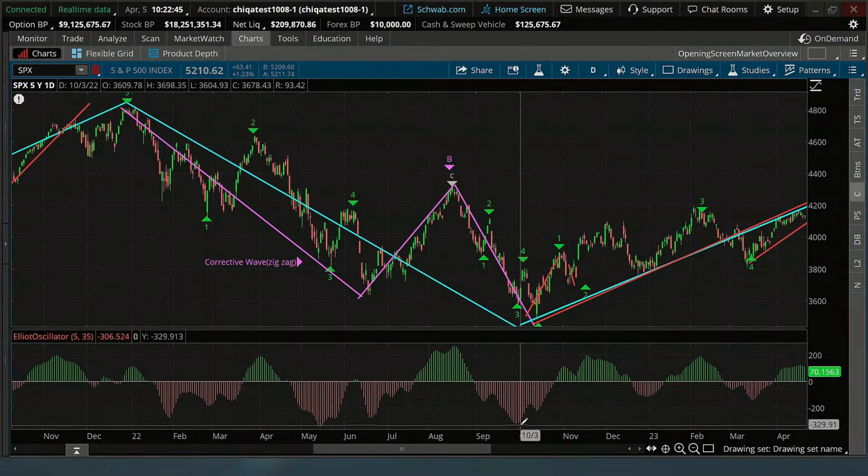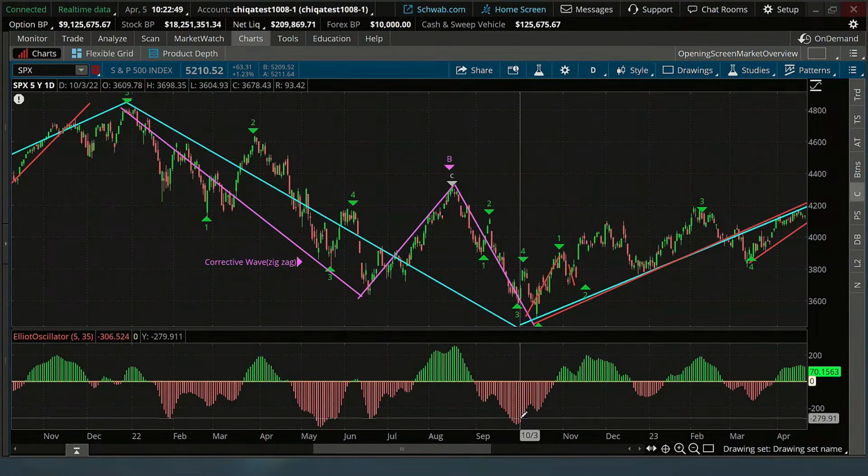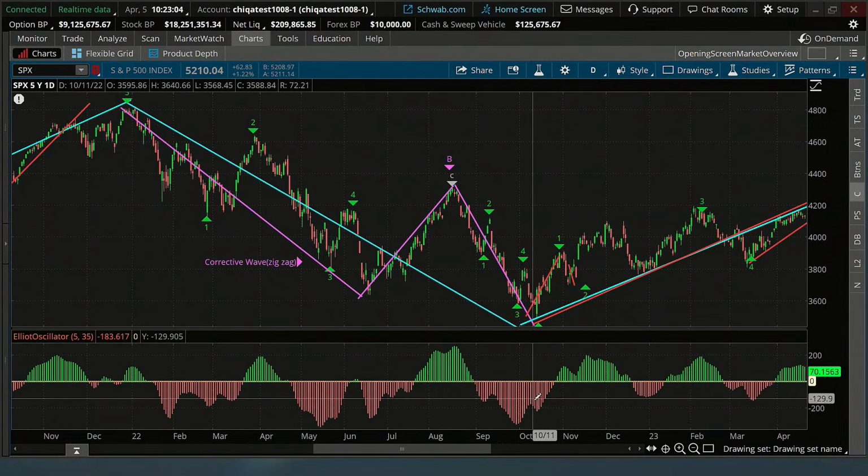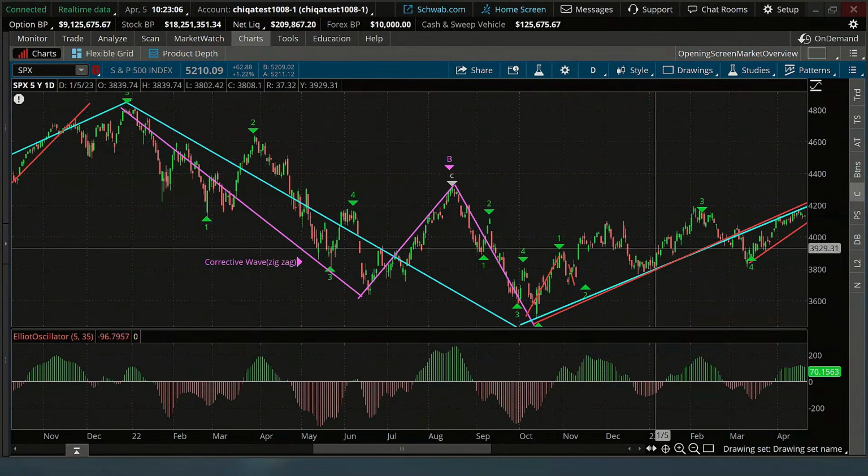Remember we said either by time or amplitude, this could show you wave 3, and it does. This is wave 3 from here down to here. And then wave 4 and then wave 5 is there.